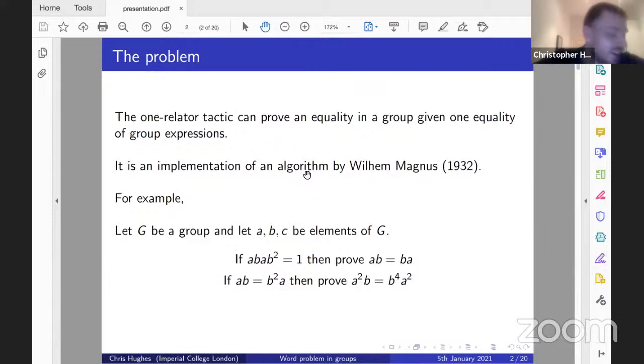It's an implementation of an algorithm by Magnus. He wrote it in 1932, and it's a decision procedure. If you have more than one relation, then this is actually undecidable. But with one relation, there is a decision procedure for this.